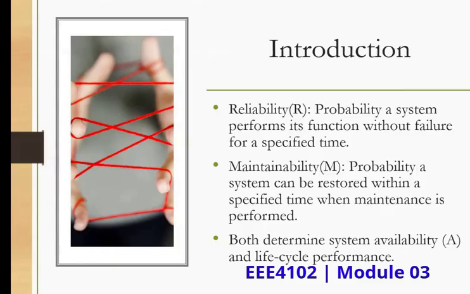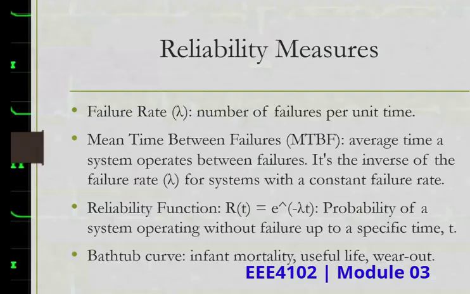Reliability is how rarely this inverter trips, and then for the maintainability aspect, you can look at how quickly you can return it to service. So think about that using that kind of analogy.